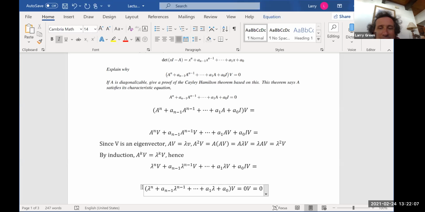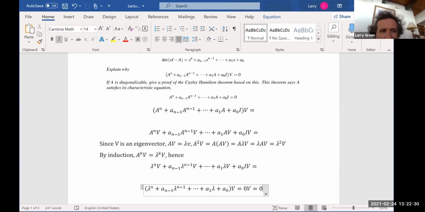Kind of the way I do things in class. I say 0, and whatever context makes sense is the context we're using. So the 0 vector in this case. And that's it. Any questions on why it is that A satisfies the characteristic polynomial?